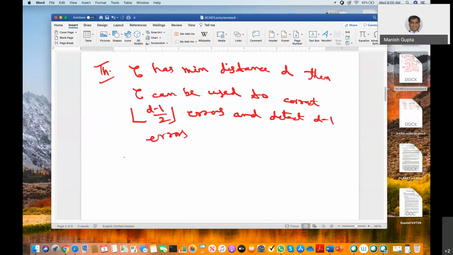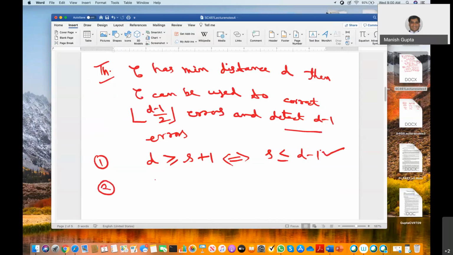And the answer is really simple. Why? Because in case of S error detecting, we know that if the distance is at least S plus 1, the code is S error detecting, right? And this condition gives us that S should be less than or equal to d minus 1. So we can detect up to d minus 1 errors.